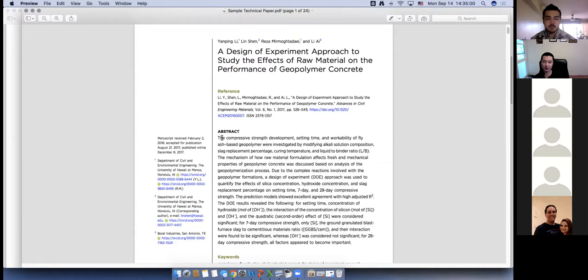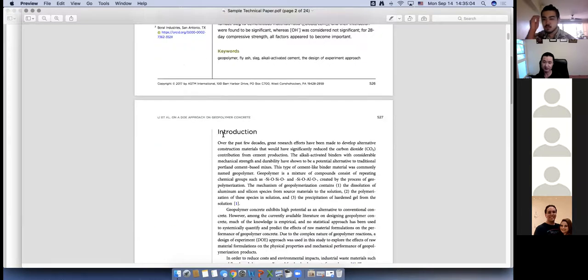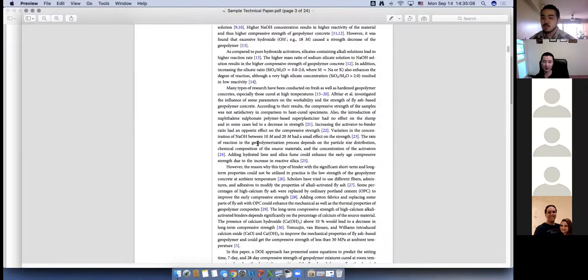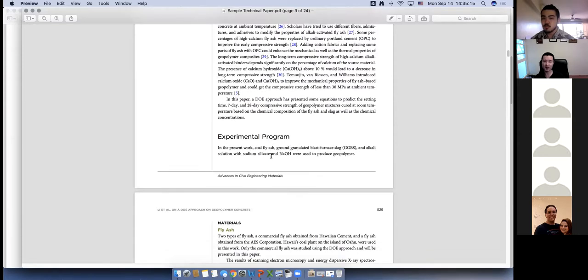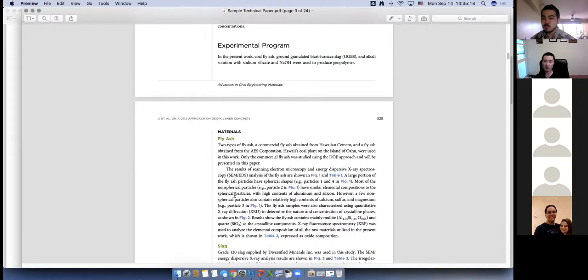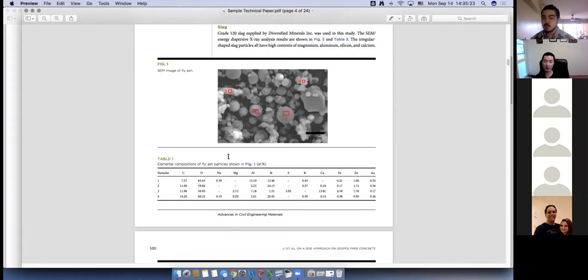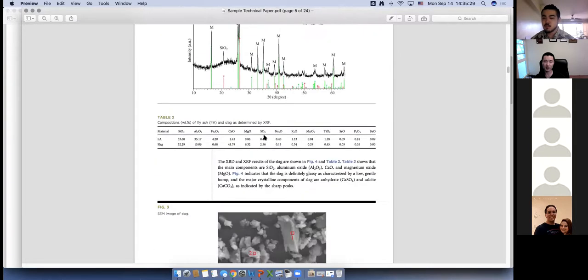We have the subject, introduction, and experimental program, which is the same as the materials and experiments section. In that section, we talk about the materials we use, with details of the different types of materials. You can use tables and figures to show the results.